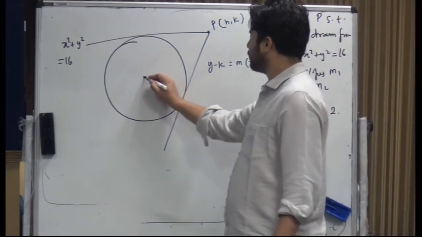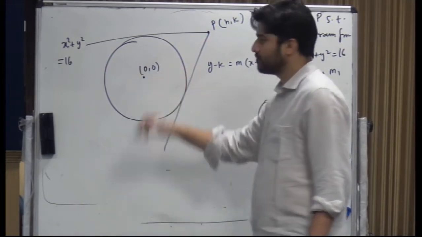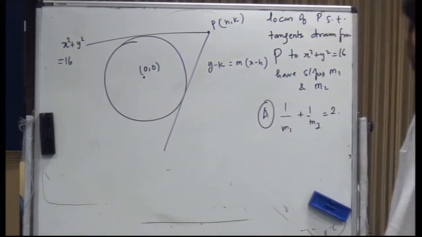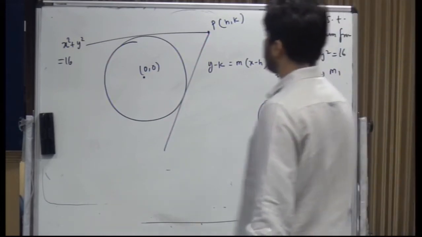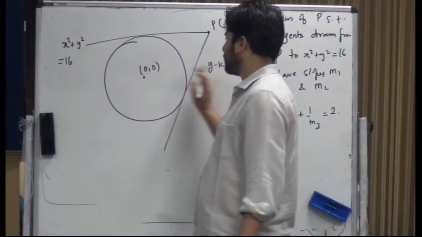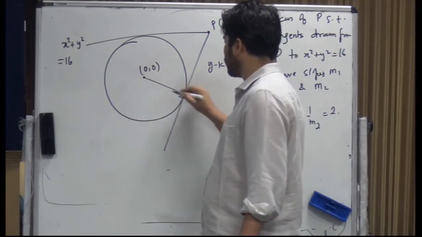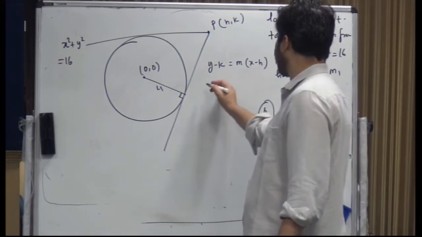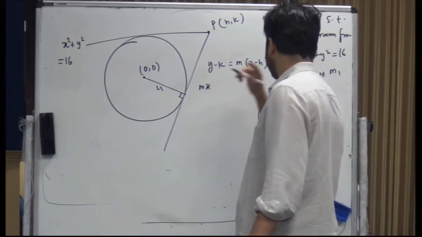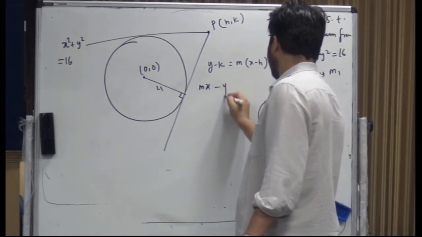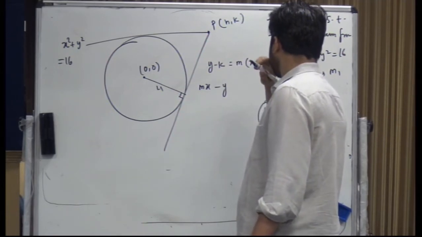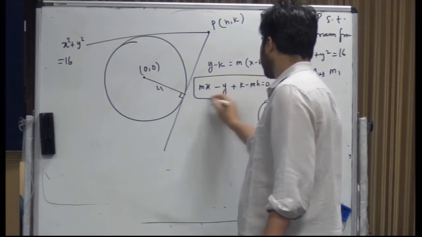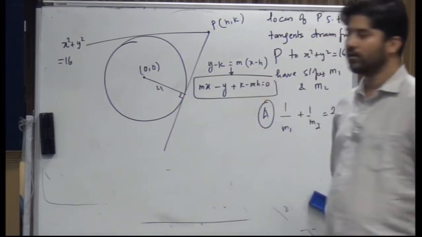Now I know the center is 0 comma 0. So distance of origin to the line should be equal to 4, right? So I am going to write the equation. I am going to rearrange it: mx minus y plus k minus mh, right? This is the equation after rearranging it, right?